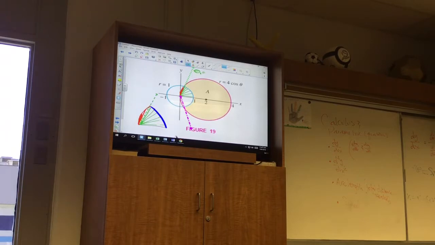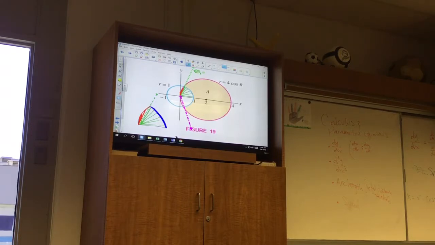Yeah? So wherever the two circles intersect. Correct. But how do I find that? Find an equation for both circles and set them equal to each other. So you're setting the r's equal to each other, which is only half of what I'm looking for. But let's talk about that.